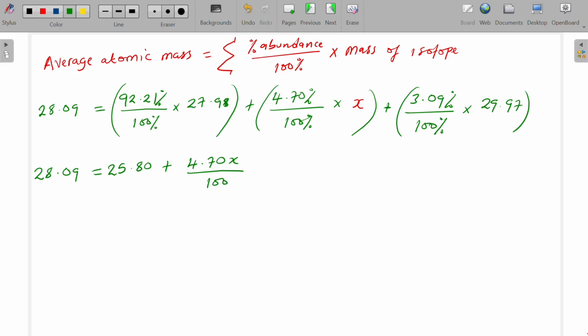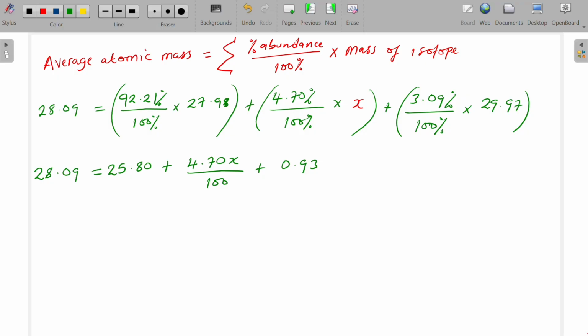All right, and this will be added to, on the other side, when I do mathematics there, I'm getting 0.93. So 0.93 on that side.